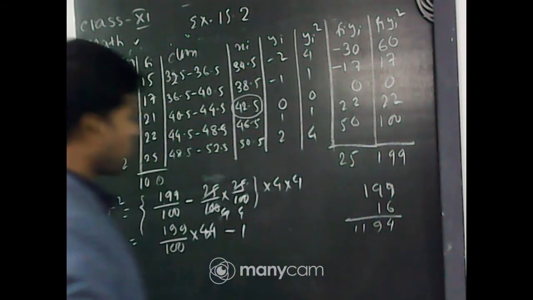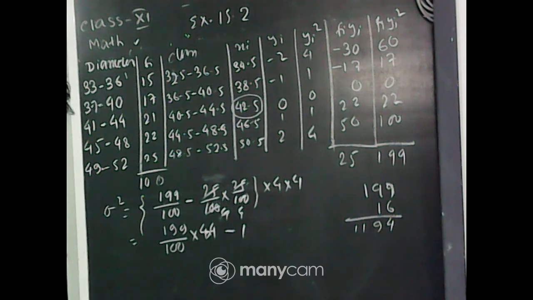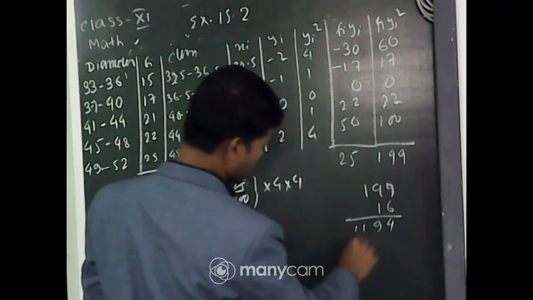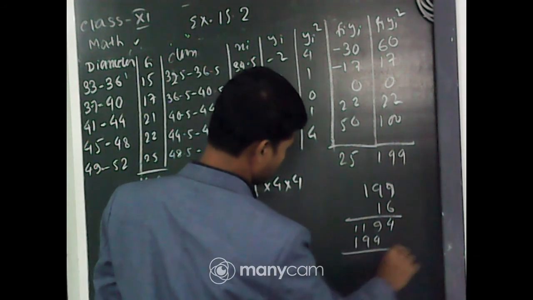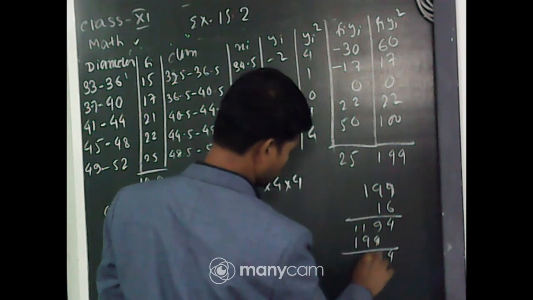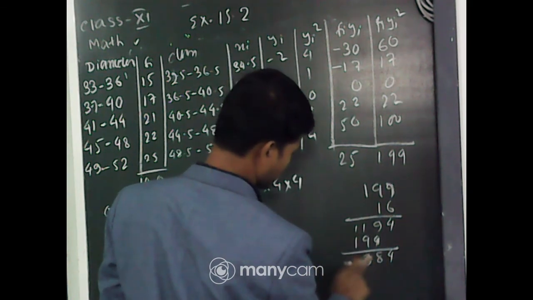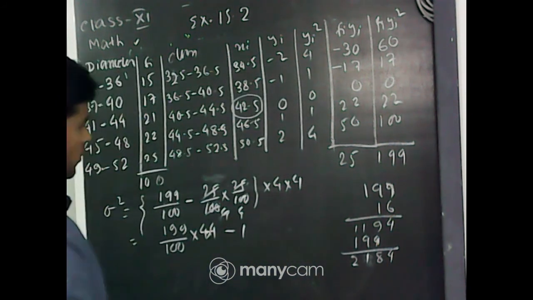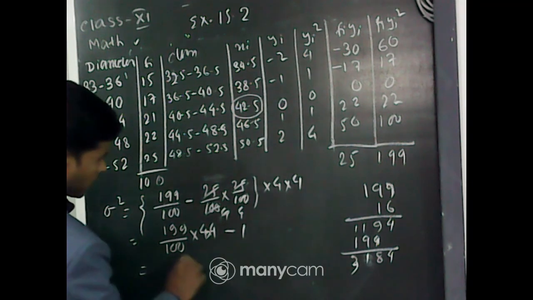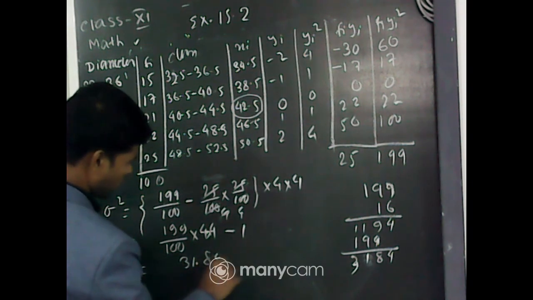This is 3184, and divided by 100, it will be 31.84 minus 1.